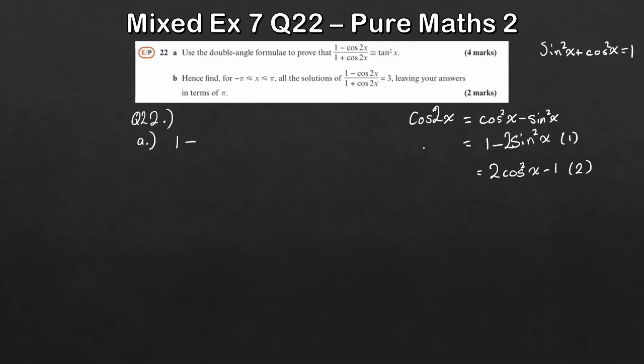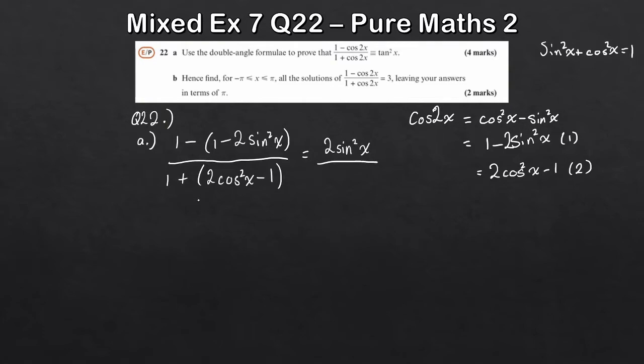So 1 minus 1, okay, so that's just 1. I'm going to substitute in for my numerator. Let's just do our denominator as well. So that's going to be 1 plus 2 cos squared x minus 1. Okay, so just simplifying here, 1 minus 1, so that'll be 0, minus 2 sine squared x, that will be 2 sine squared x.